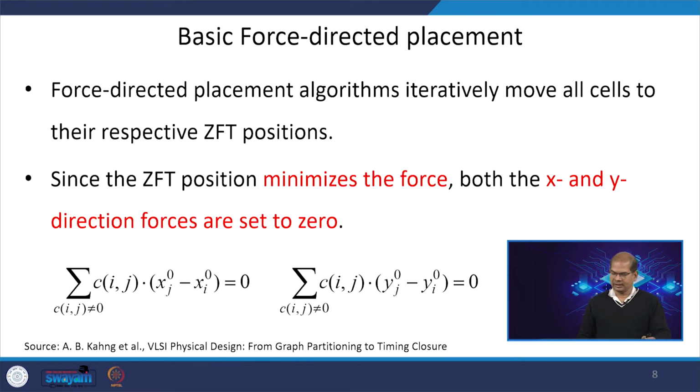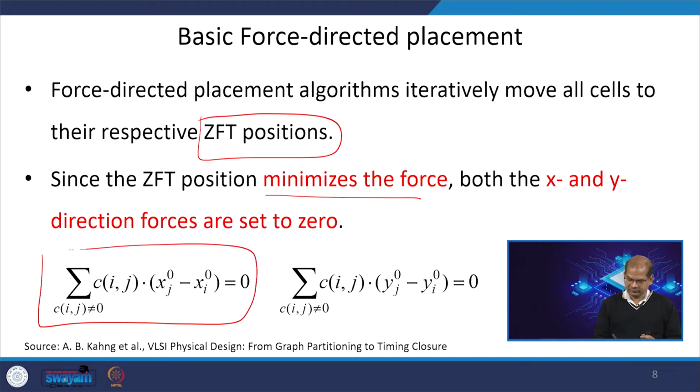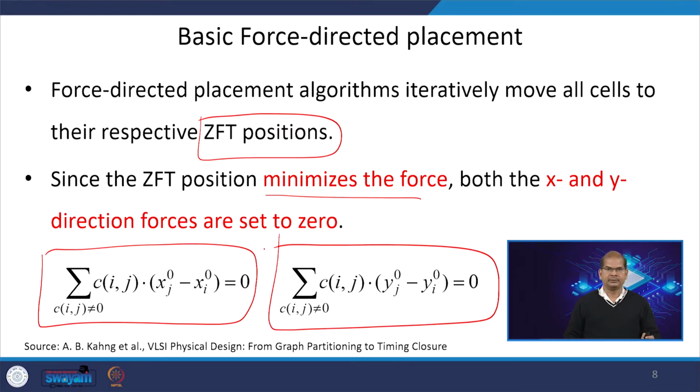There is a placement algorithm which iteratively moves all the cells to their ZFT positions. We are minimizing the force in both directions. As I told earlier, the x coordinate is independent of the y coordinate, so we minimize the x coordinate independently of the y coordinate. This is the expression for the x coordinate, this is the expression for the y coordinate.